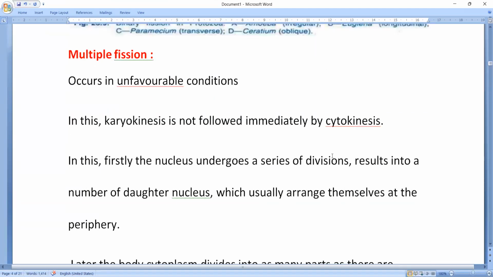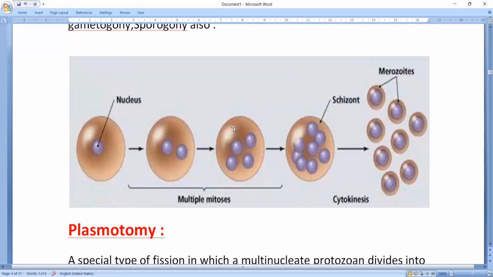Then multiple fission. So here is the diagram. This is a normal protozoan which is unicellular. In this type, as we saw in the day before yesterday's class in Plasmodium schizogony, first of all the nucleus divides into many daughter nuclei.